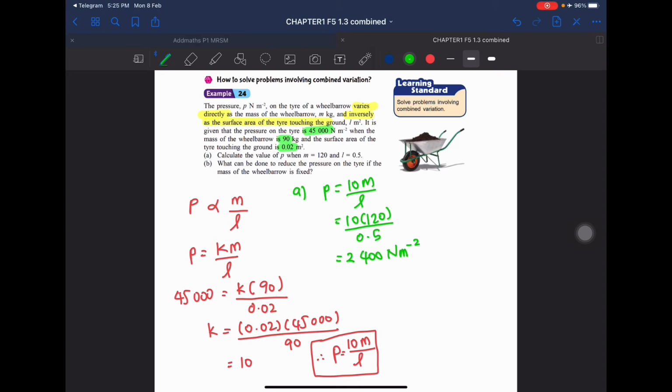Next, B. What can be done to reduce the pressure on the tire if the mass of the wheelbarrow is fixed?